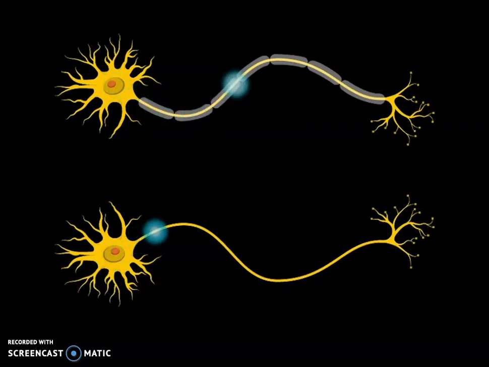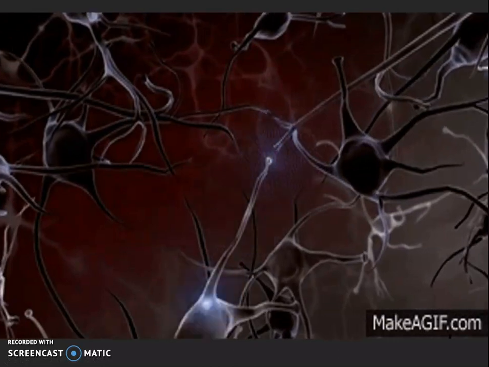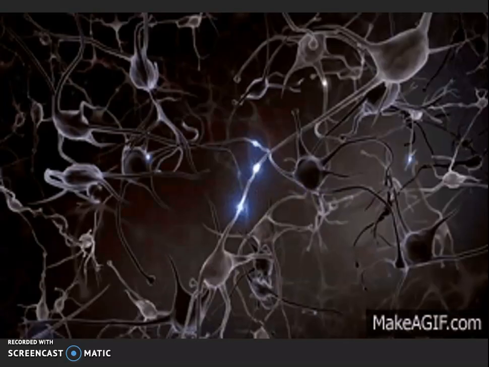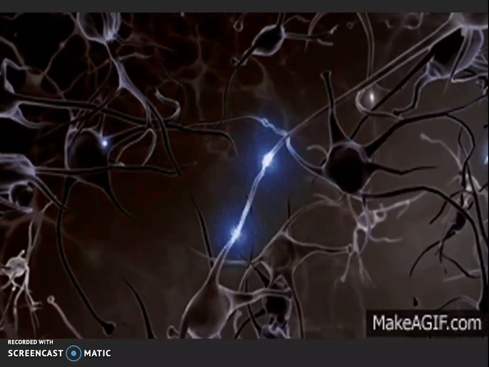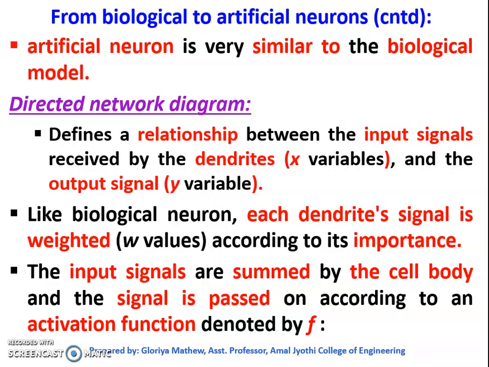This is another representation, which also shows the transmission of a signal from one neuron to the other. This is also another representation of the working of a neuron, showing the transmission of signals from one neuron to another. So an artificial neuron is very similar to the biological model.